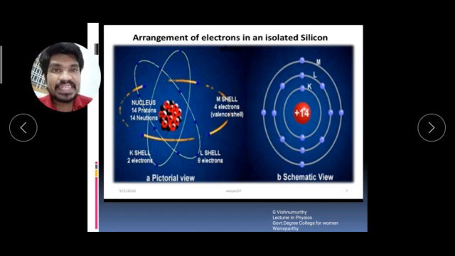How will we calculate the neutrons? The atomic mass number A equals Z plus N, where Z is the number of protons and N is the number of neutrons. You know that the atomic mass number of silicon is 28, that is silicon 28 with Z equal to 14.